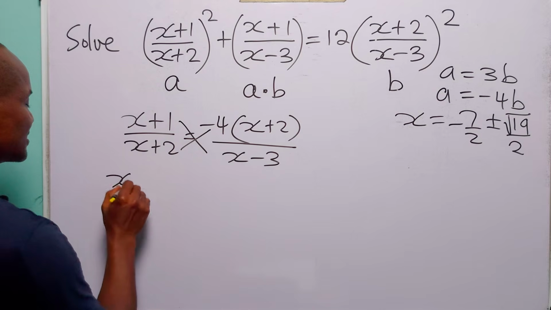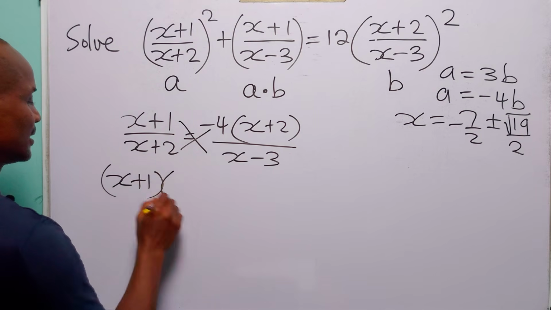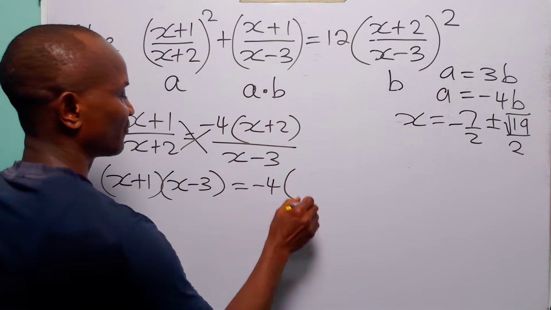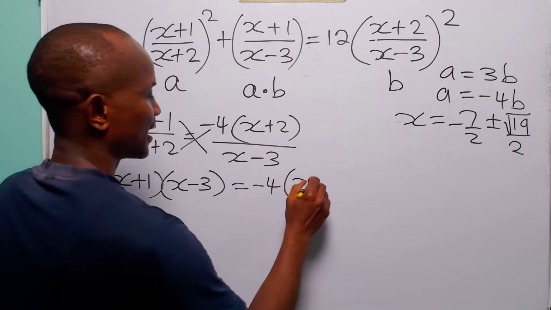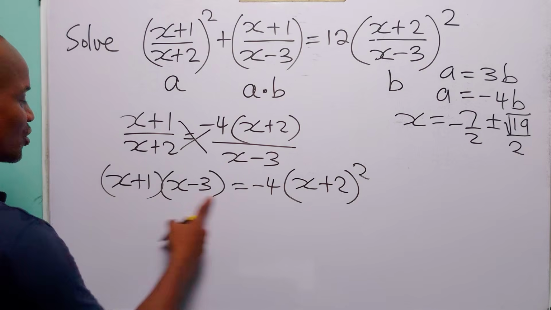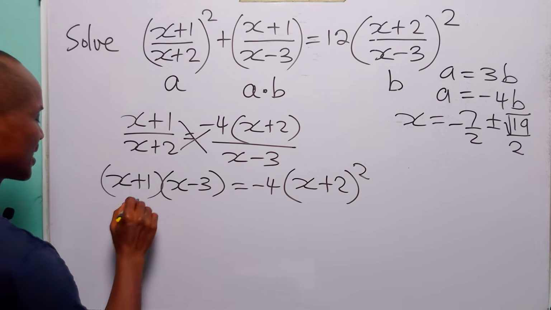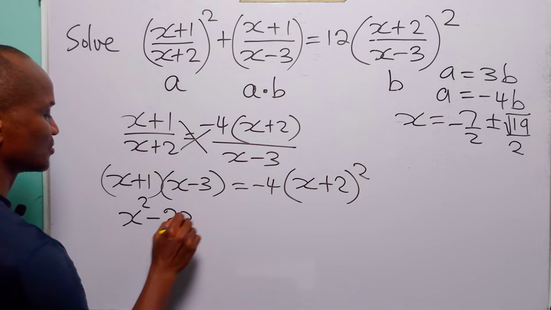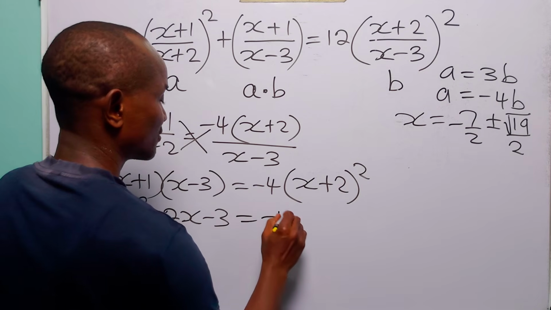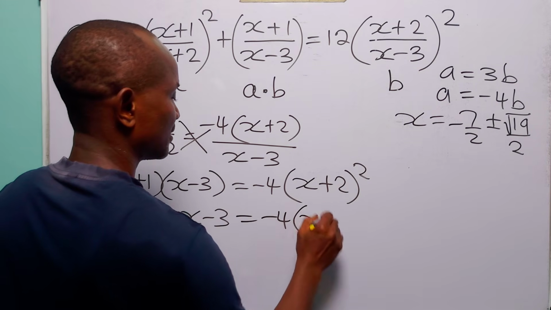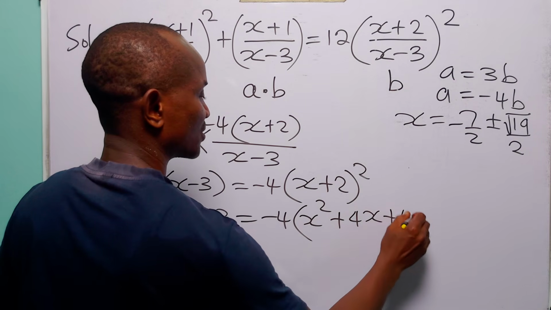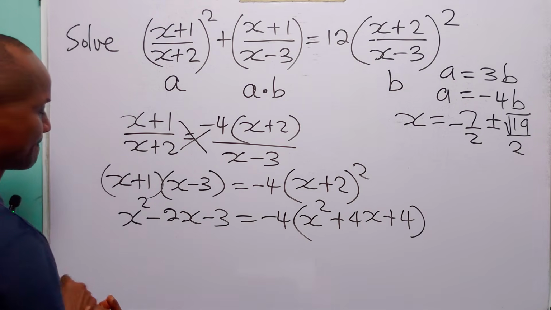When we do that, we have that x plus 1 times x minus 3 is equal to minus 4 times x plus 2 squared. Now, of course, you know that this is equal to x squared minus 2x minus 3. Here we have minus 4 times x squared plus 4x plus 4.